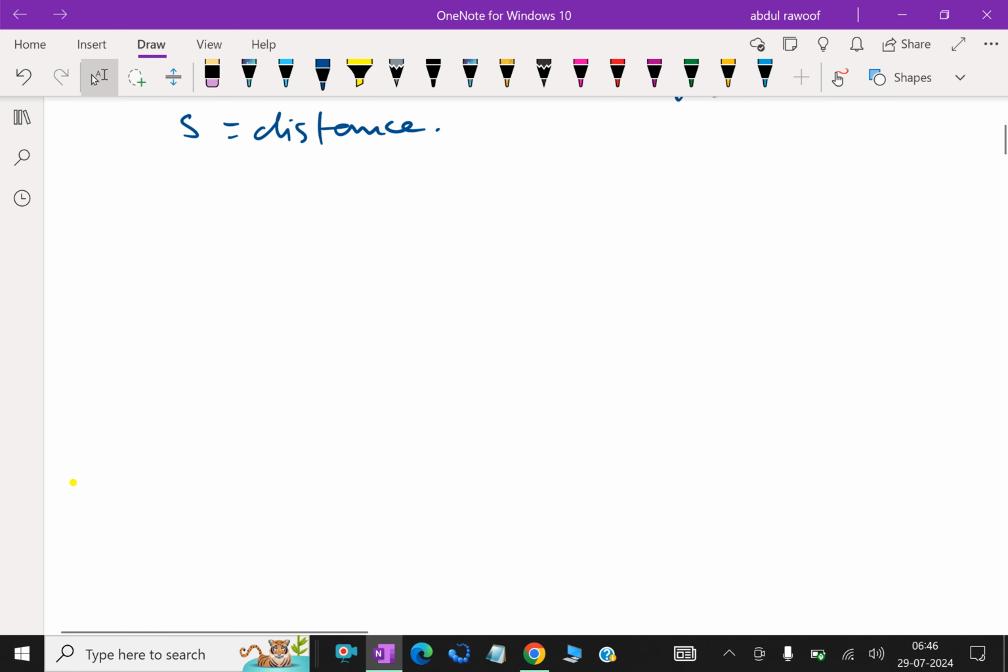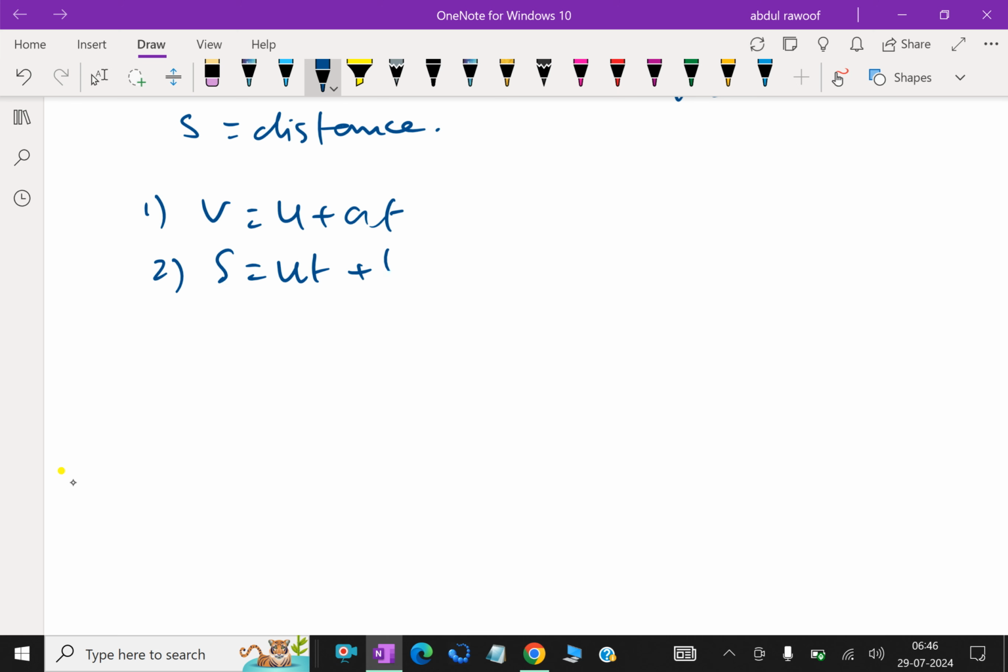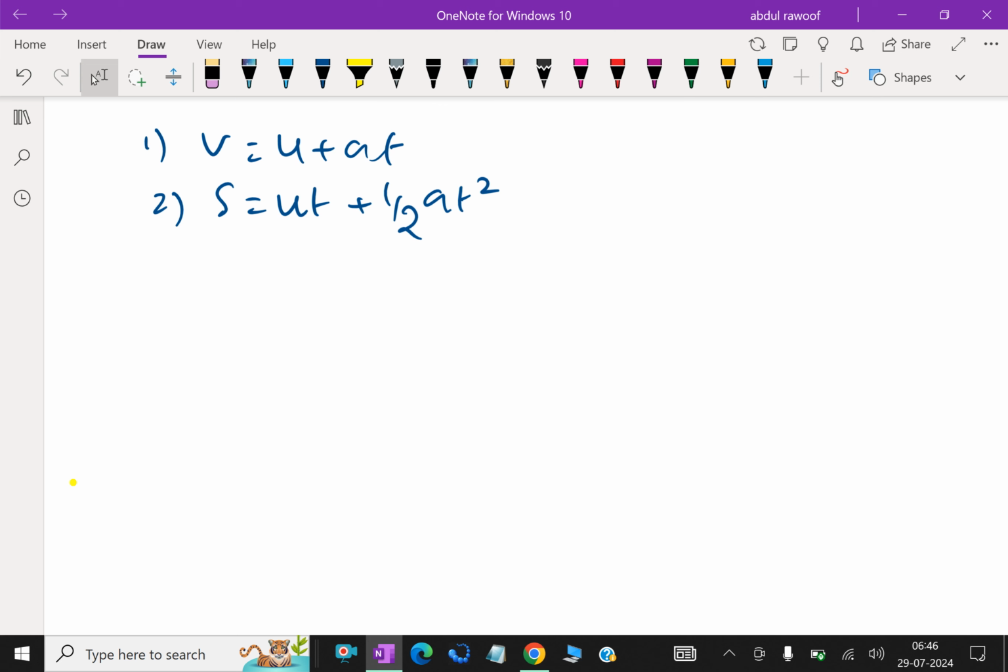Now we will apply the formulas. v equals u plus at. s equals ut plus half at square. v square equals u squared plus 2as.